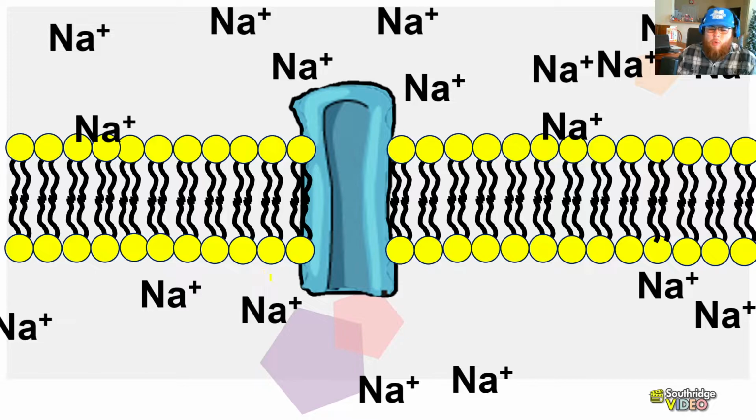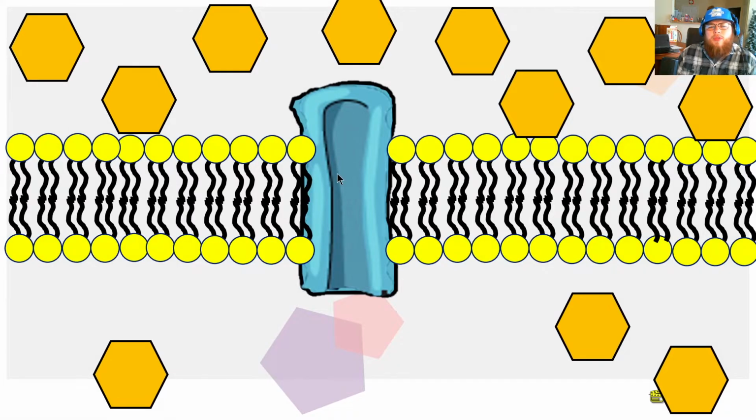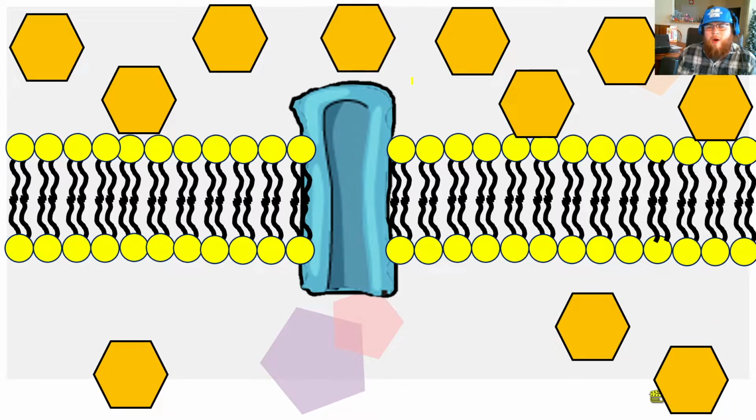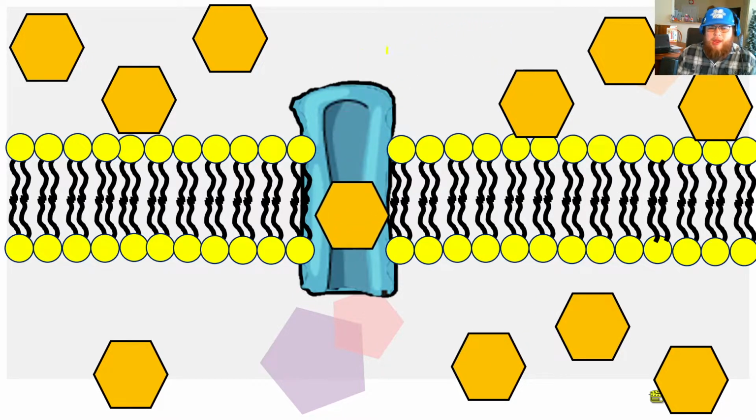Now, something to note with that, if this area here got crowded as well, it would be more likely for the Na molecules to go back up the protein channel. Notice as well the sugar molecules that we have, high concentration here, low concentration here. Eventually, the sugar molecules will pass through the cell membrane to a lower concentration.